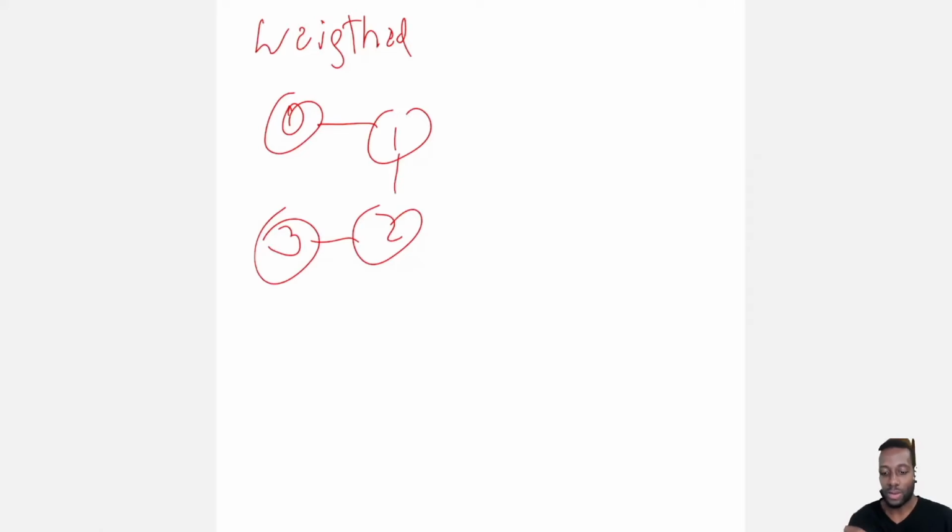There's going to be a cost associated with the edges. Let's say we have 2, 3, 5, and let's do 8. So how do we represent this graph in an adjacency matrix?